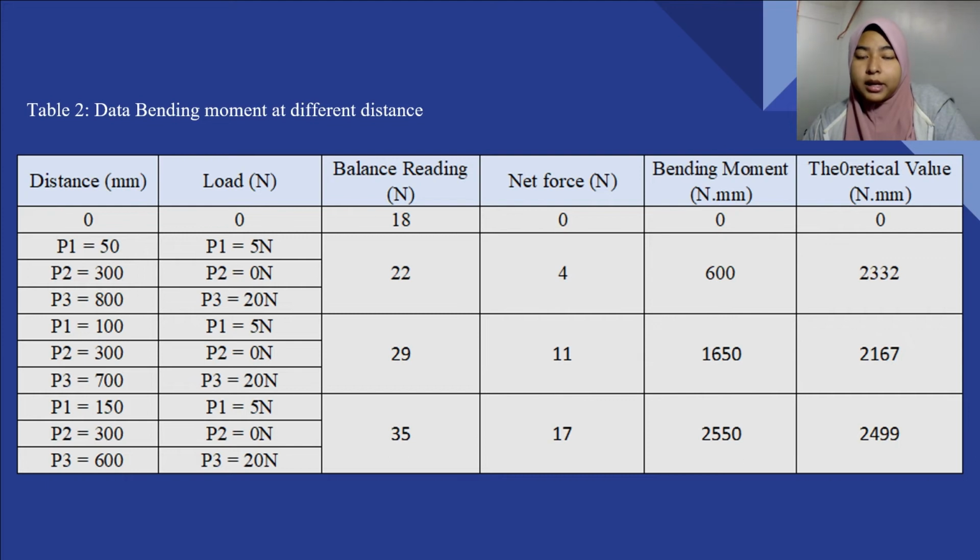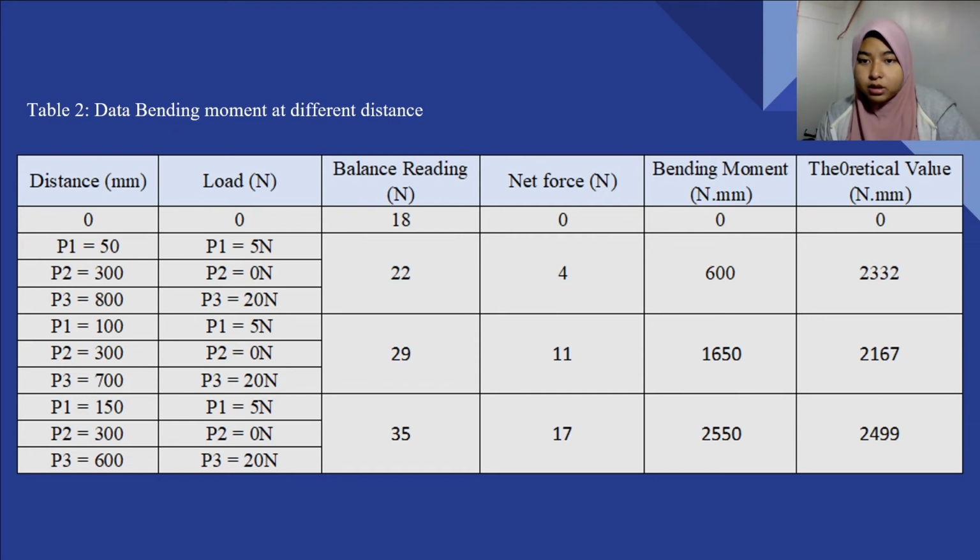We get the balance reading from the experiment, which is 22, 29, and 35. And we calculate the net force, which is the value of the load of the first data, second data, and third data minus the original value load, and then we get the net force, which is 4, 11, and 17.